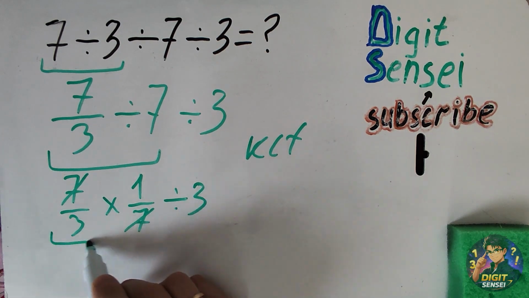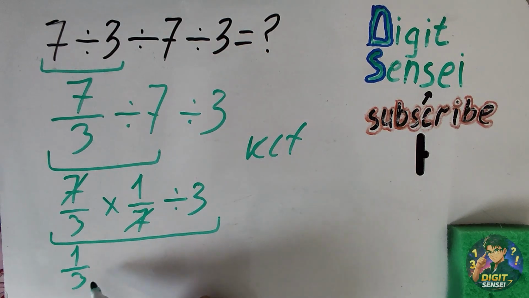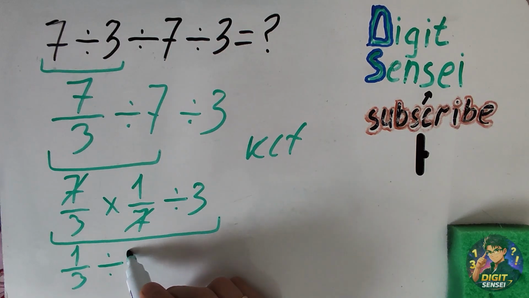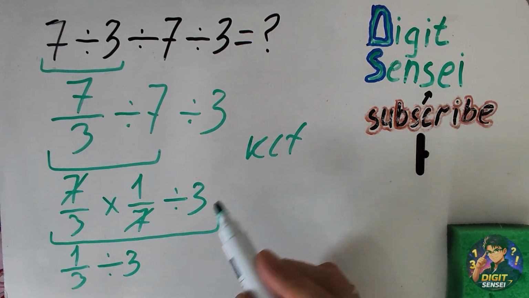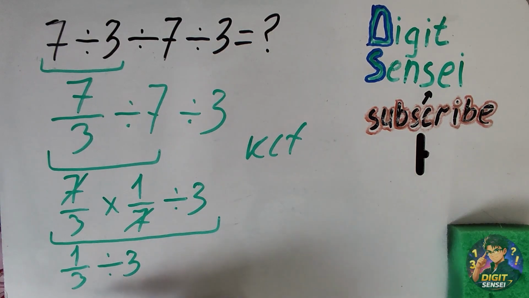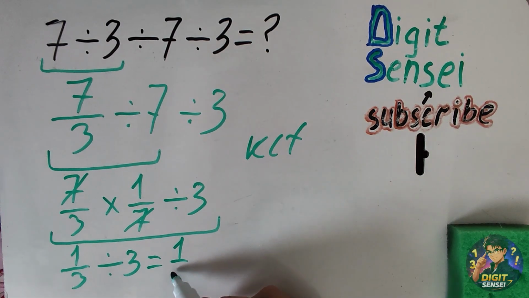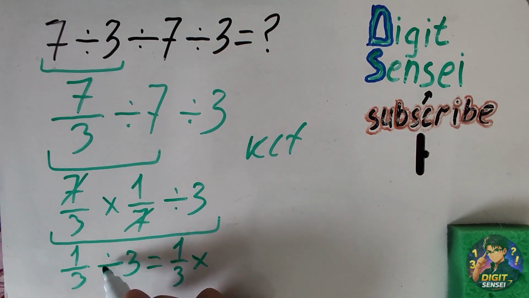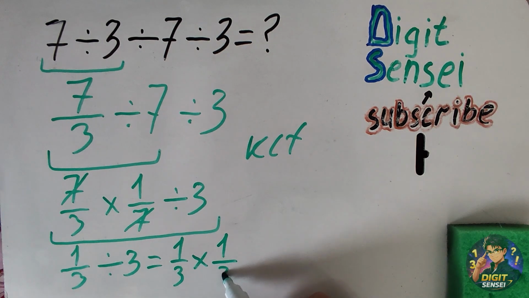Okay? 1 over 3 divided by 3. And here we can use the KCF rule. Okay? So we can write: keep the first fraction, 1 over 3, then change division to multiplication and flip the second fraction.